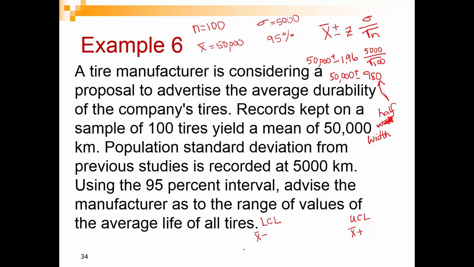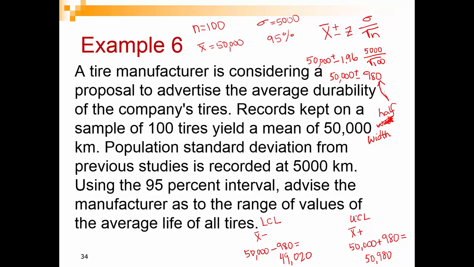So our lower confidence limit for this problem is 50,000 minus 980, which gives us 49,020. And our upper confidence limit is 50,000 plus 980, which gives us 50,980.